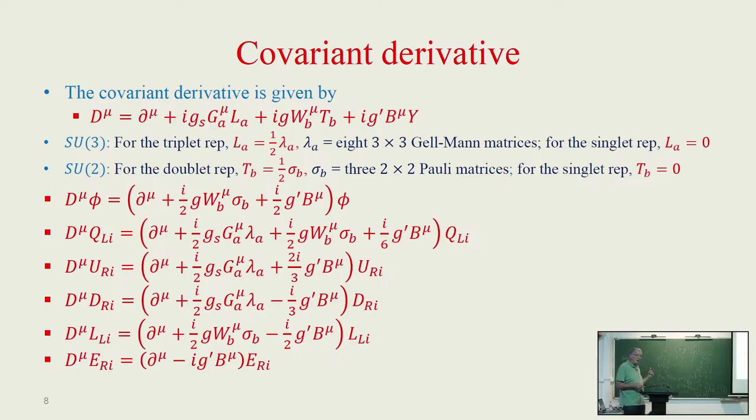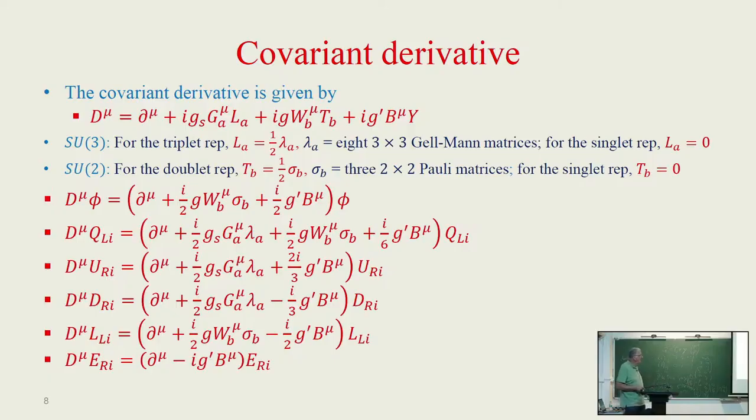U right i was (3, 1) with hypercharge plus 2/3. It has the same term as here, because they transform in the same way under SU(3) color. It's a singlet of SU(2), so that type of term will not appear here. And the hypercharge 2/3 is here.